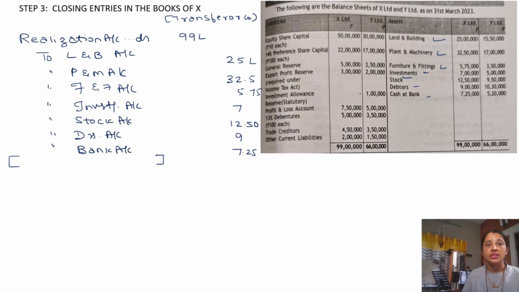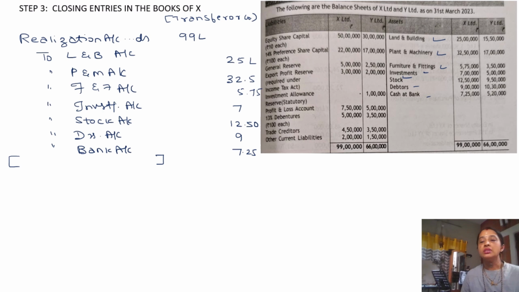The next entry is for transferring all the liabilities, external liabilities, to realization account, including those liabilities which you transfer to the new company. See, there are two methods, two ways people do while they are doing realization account. Normally reserves, any type of reserve, will not be transferred to realization account on an assumption that they are not the liabilities or assets to be realized.